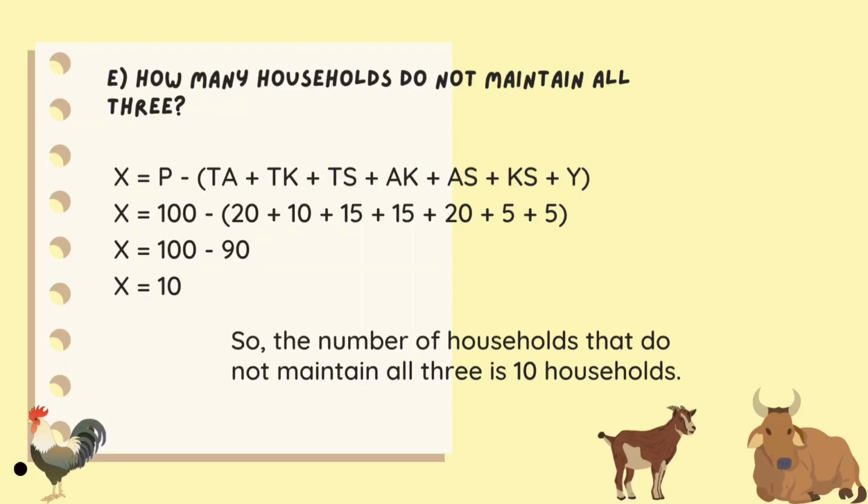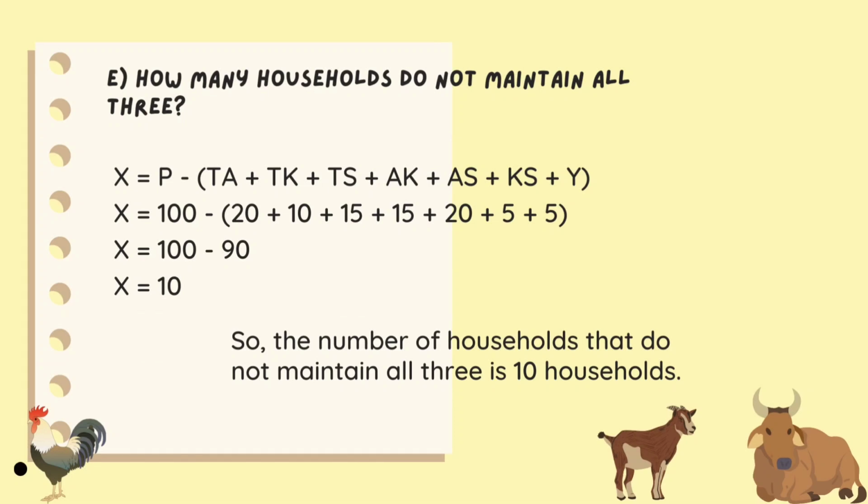For the last question, how many households do not maintain all 3? The households that do not maintain all 3 are X. So X equals B minus (TA plus TK plus TS plus AK plus AS plus KS plus Y) equals 100 minus (20 plus 10 plus 15 plus 15 plus 20 plus 5 plus 5) equals 100 minus 90 equals 10.